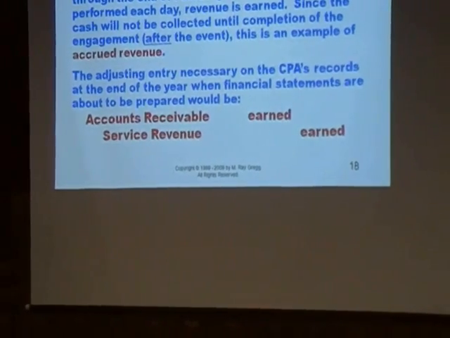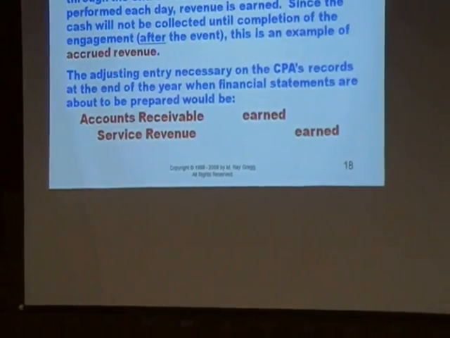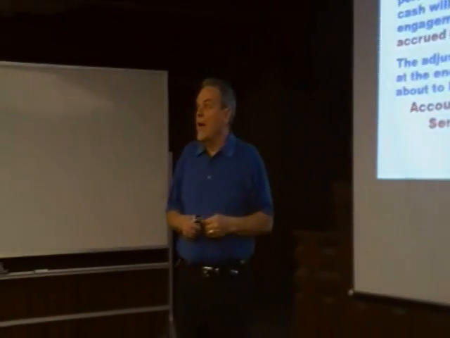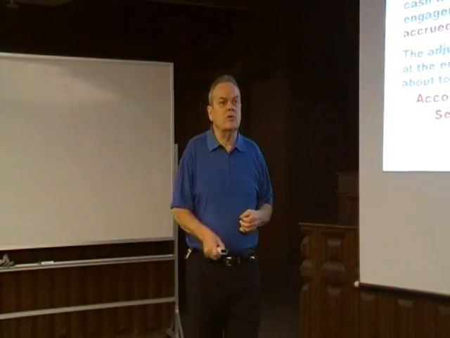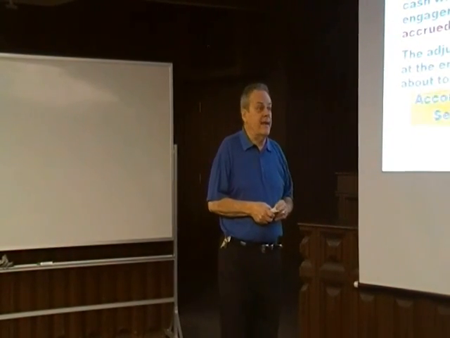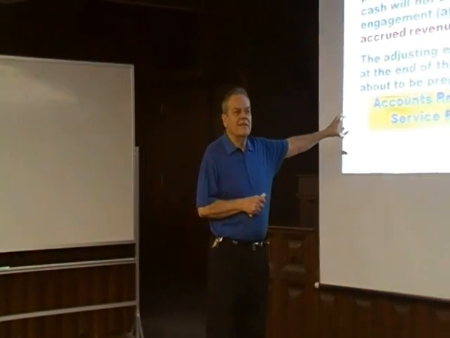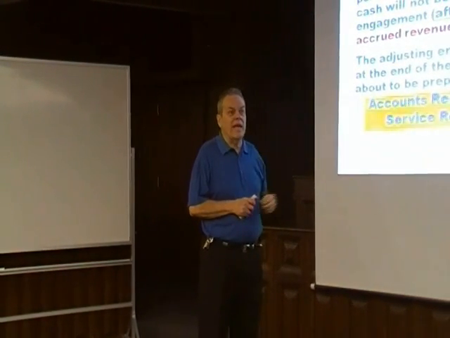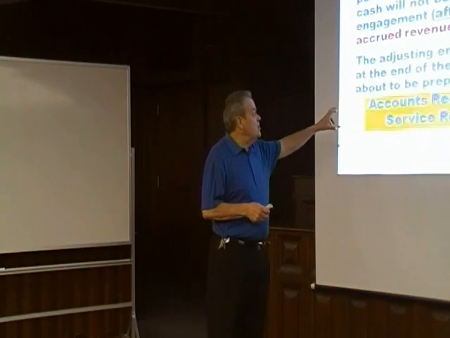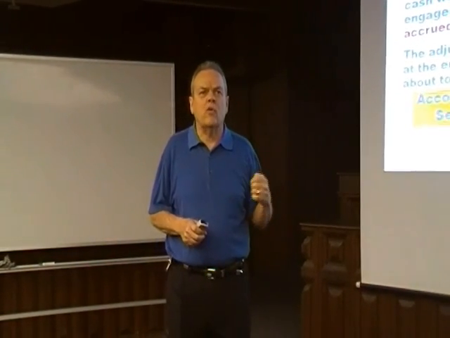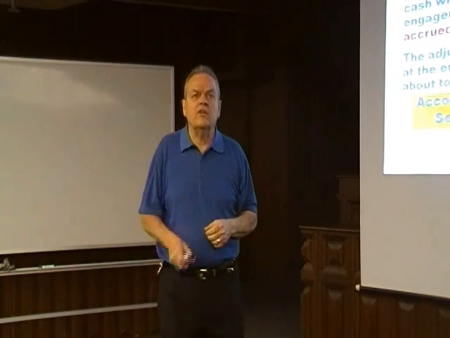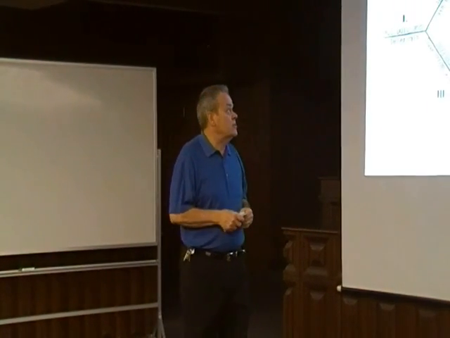Maybe you didn't know that was an accrual until today. You were supposed to know how to make that journal entry before today. And I'm not sure that's why we came to class today. We already knew this. I think the reason we came to class today was to broaden our mind and realize that if this is true for one item of accrued revenue, it must be true of others.